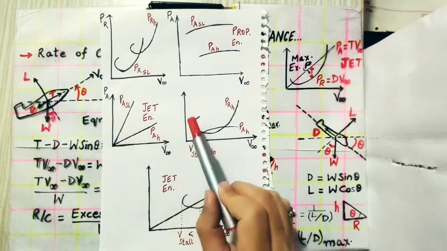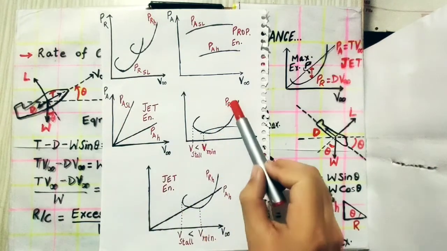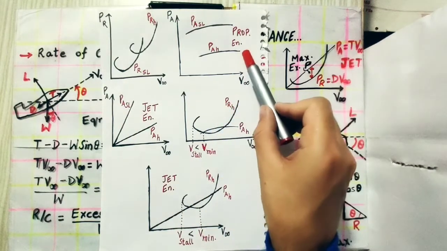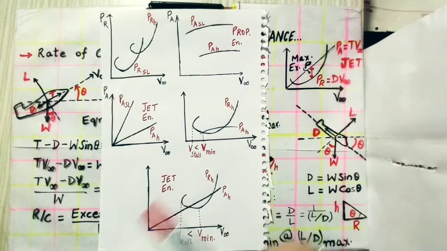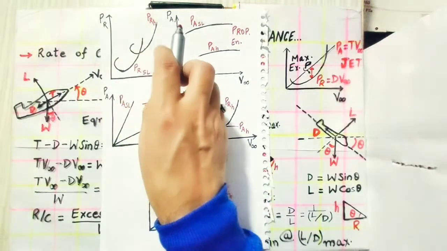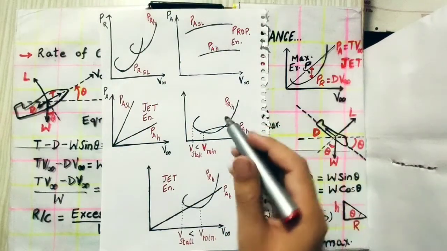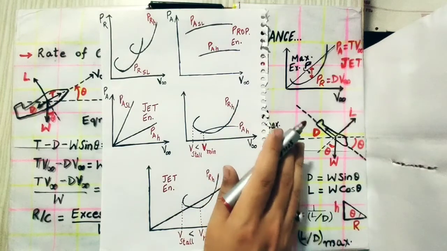If we see the variation of power available at height and power required at height for propeller engine and jet engine, we will see here that with height the power required moves upward and slightly shifts toward right and clockwise. Here we have plotted this graph upward, and it moved towards right and rotated clockwise.